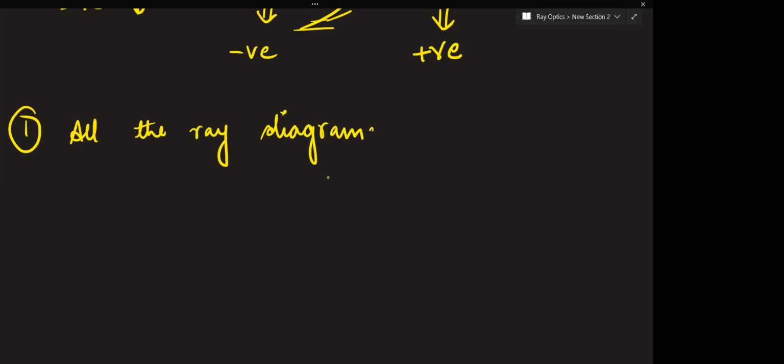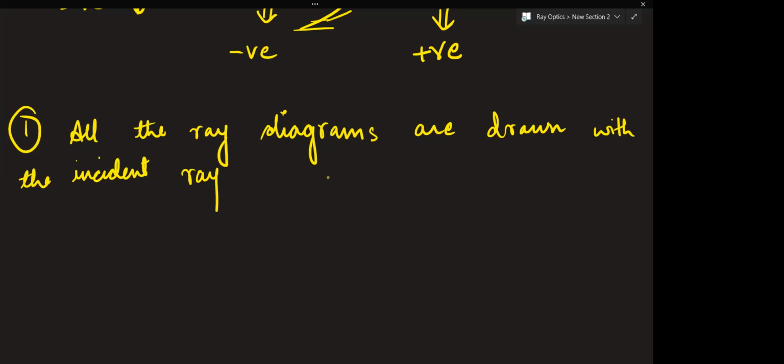Ray diagrams are drawn with the incident ray traveling from left to right.